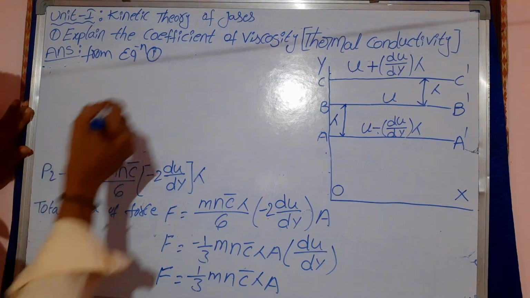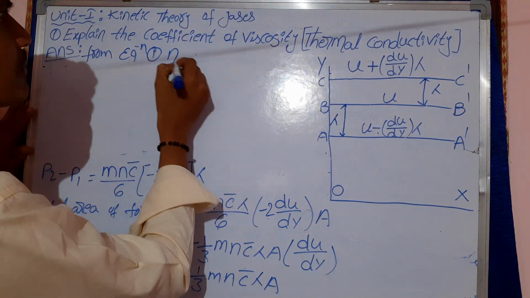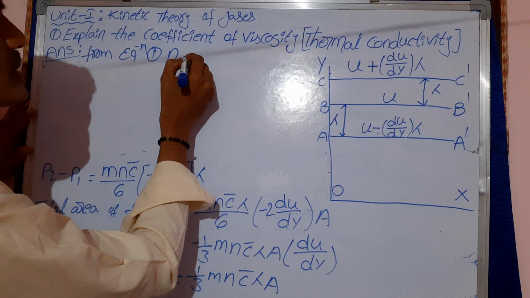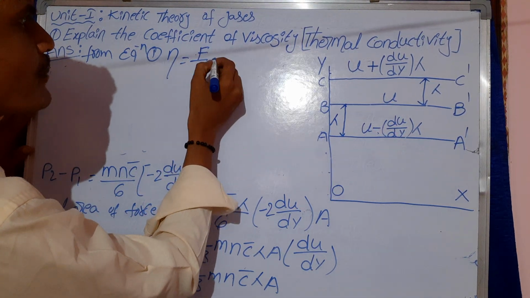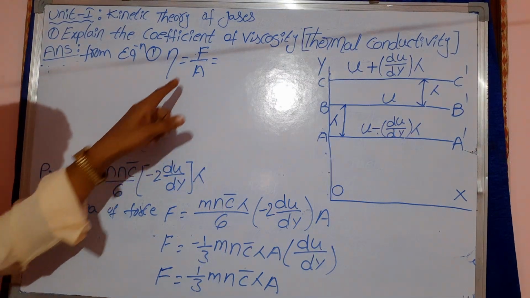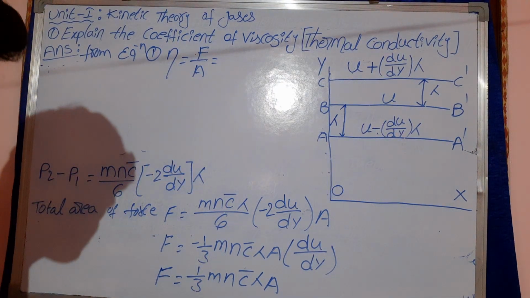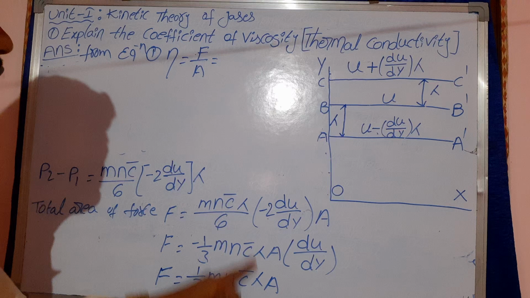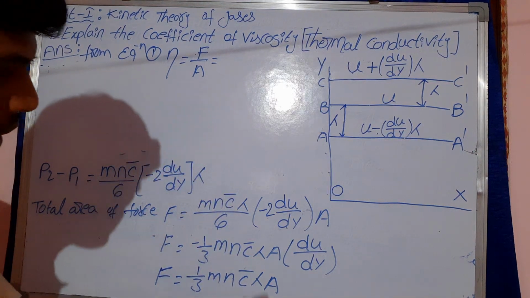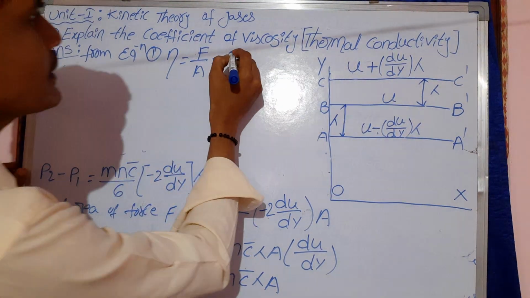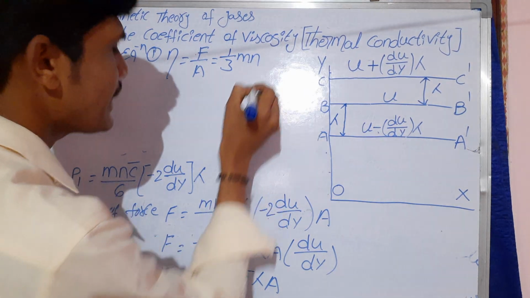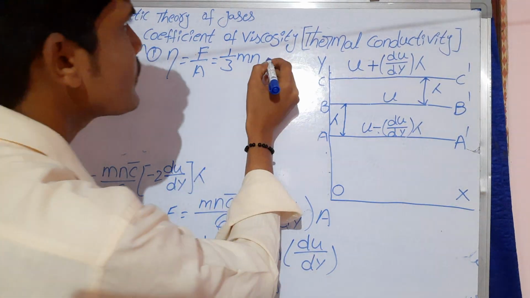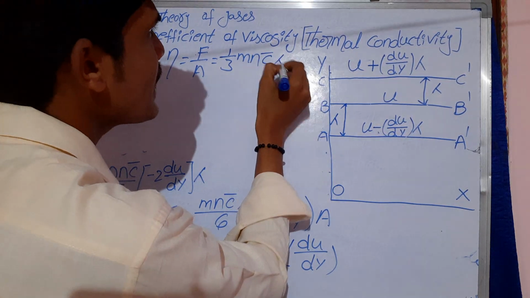So what is equation 1? Eta, the coefficient of viscosity, equals F by A. That means F is 1 by 3 m n c bar lambda A by A. So A cancels. Remaining equation: 1 by 3 m n c bar lambda.